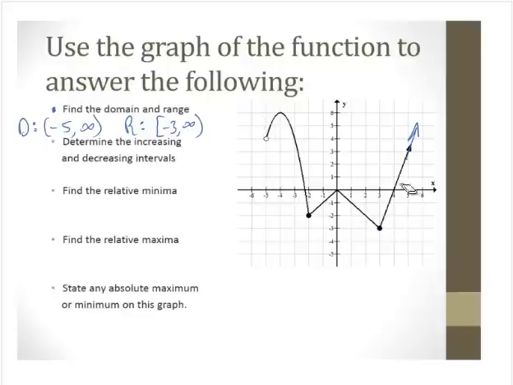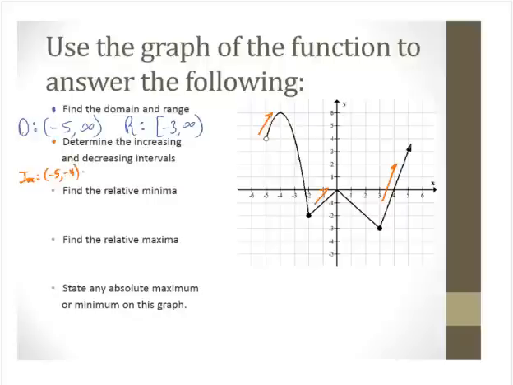Alright, let's determine the increasing and decreasing intervals. Alright, so let's see. The function appears to increase in several places. Alright, so it's increasing. Remember, when we're talking about increasing or decreasing, we don't include endpoints. So it's increasing on -5 to -4. And remember, when we describe increasing and decreasing, it's always in terms of the input.